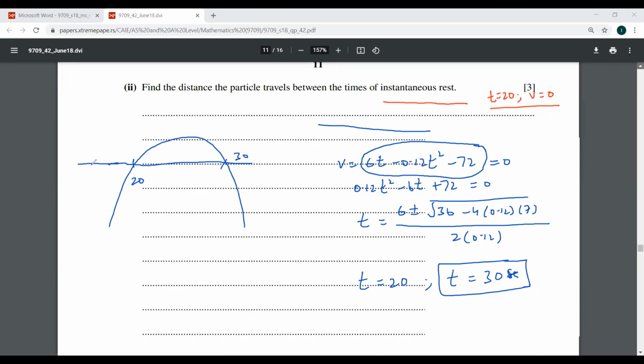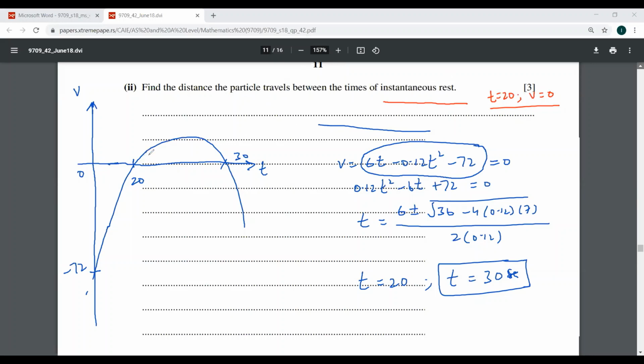And when the time is 0, the velocity is minus 72. So this is going to be something like this, minus 72. So this is the velocity time graph. Okay, so once you have this sketched, guys, this really becomes so easy for you to answer this question. It says between the times when it is instantaneously at rest.